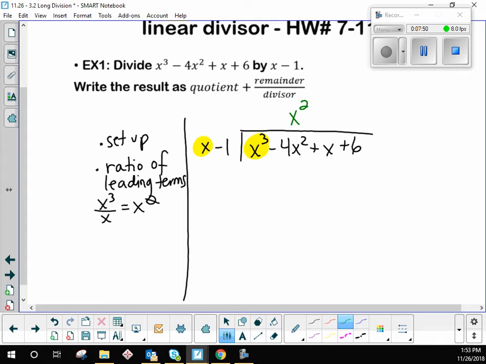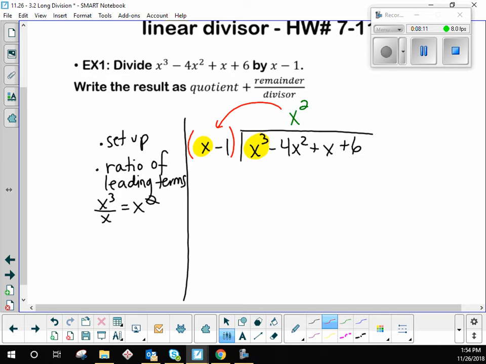So in our number problem, we said 5 times 9 was 45. Here's what that looks like now. X squared times the divisor. By the way, how many things are in the divisor? 2. So when I say times the divisor, I mean x squared times everything in there.